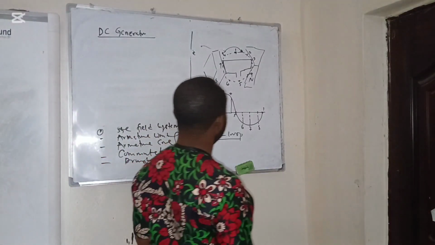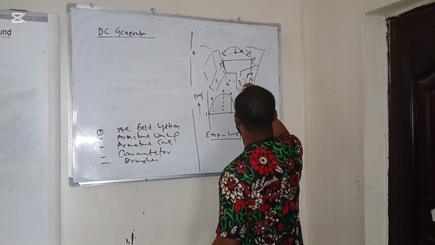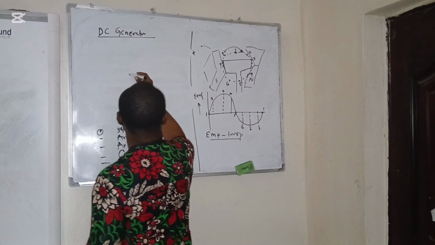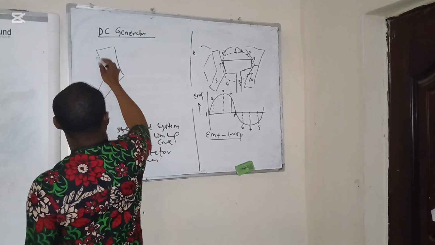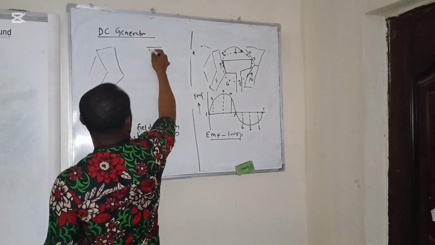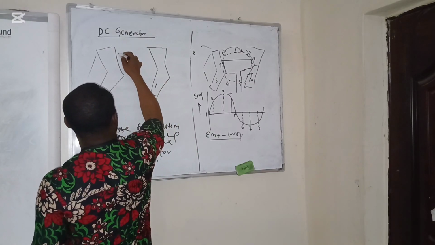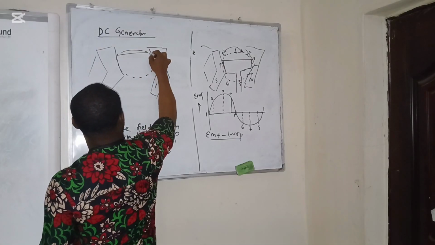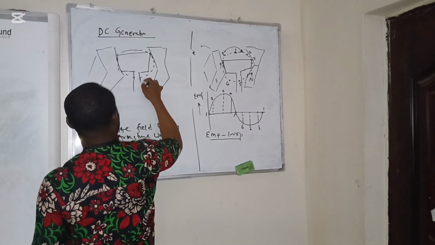So on getting to this point, we can extend this diagram to have something like this. We can also repeat a sketch of this, and this is the conductor that we are talking about.